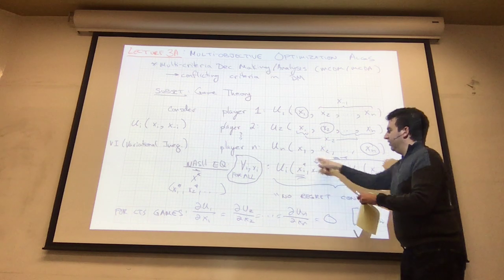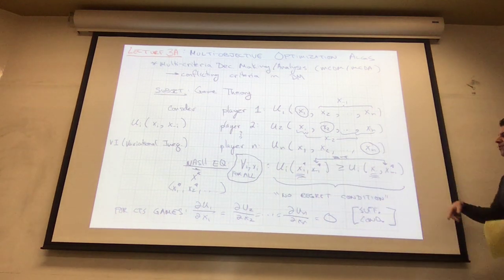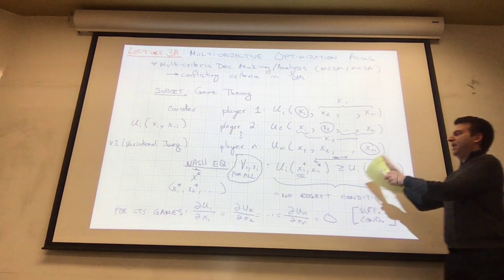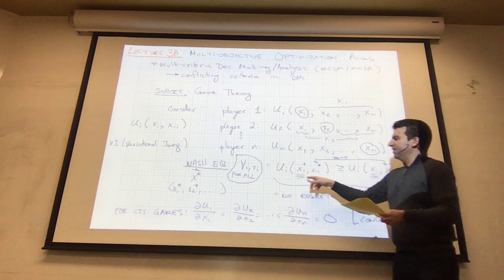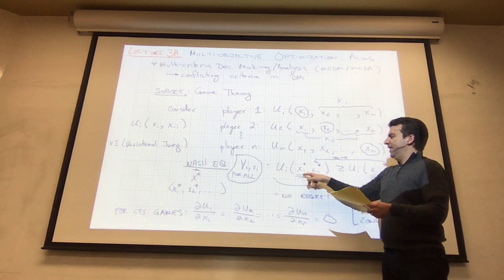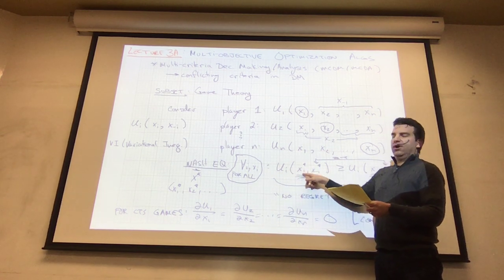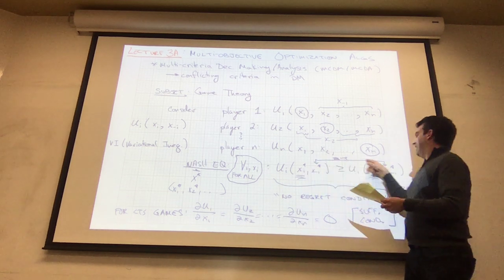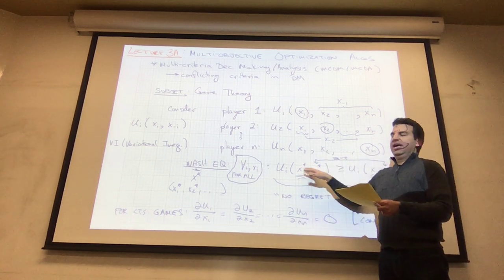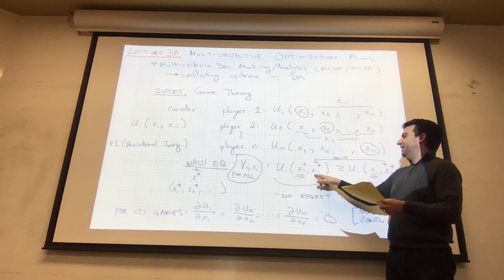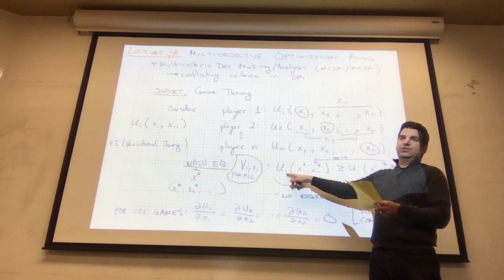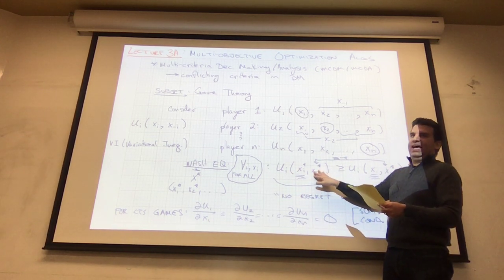And so all this notation allows me to do is very compactly say that the decision variable that agent i is in charge of is the only thing I'm considering changing. And all the other decision variables that agent i is not in control of, I'm leaving at the Nash.